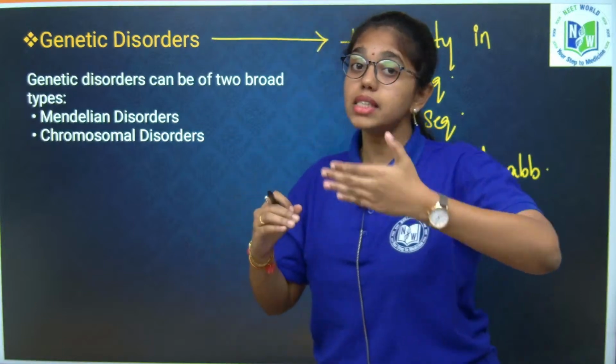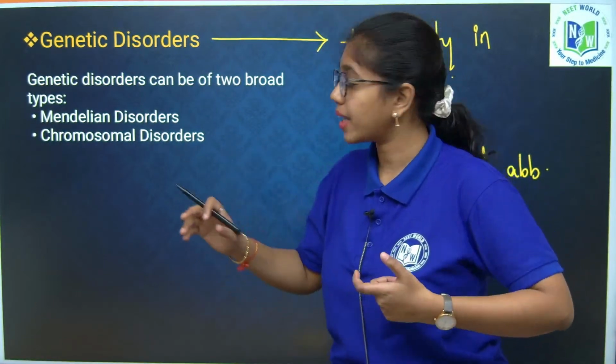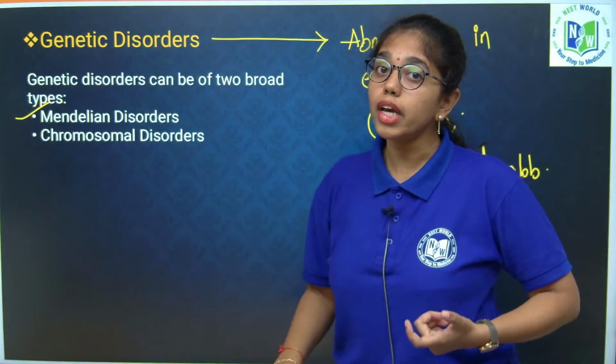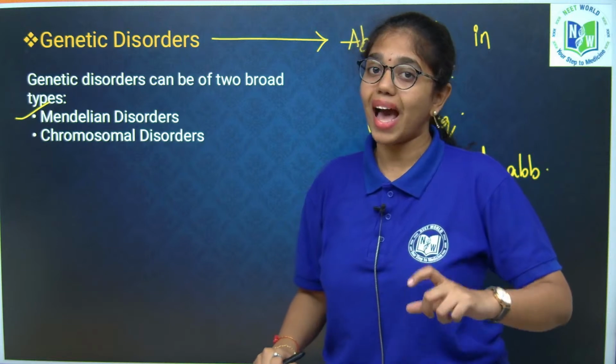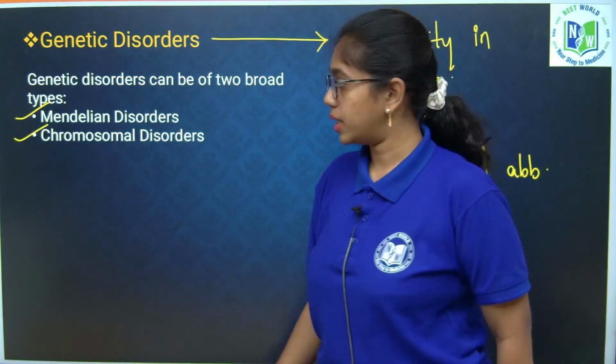Whether the diseases follow the Mendelian pattern of inheritance, then they are kept under Mendelian disorders, or if they are only caused due to chromosomal aberrations, then they are kept under chromosomal disorders.